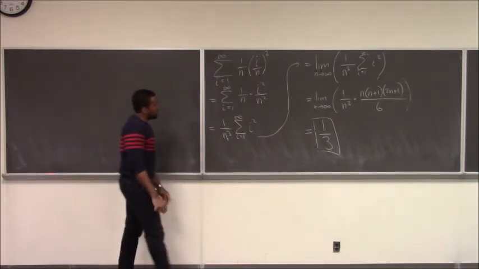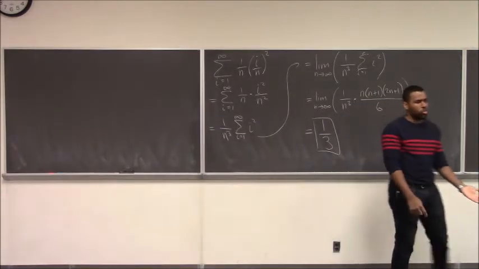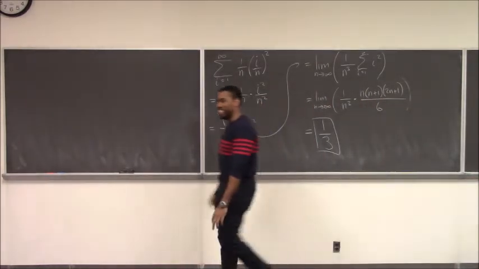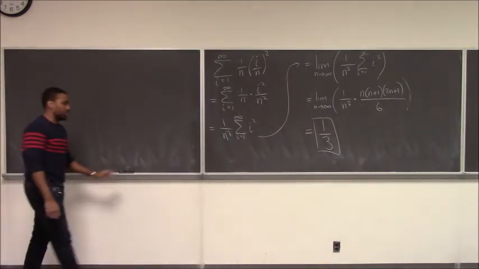So it turns out if I add an infinite number of things that have this form, it actually adds up to 1/3. It is weird, yes. I can add an infinite number of things and get 1/3 as the answer.